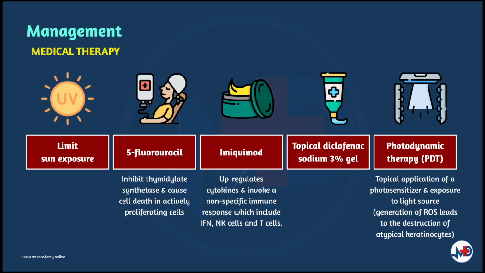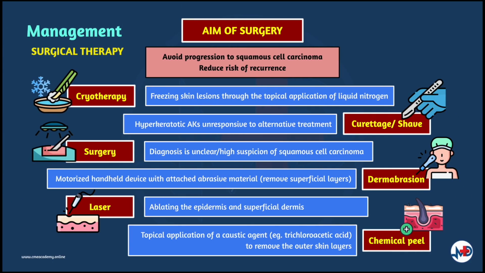Surgical therapy is aimed to avoid progression of AK to squamous cell carcinoma and to reduce risk of recurrence. Modalities include cryotherapy that freezes the skin lesions through topical application of liquid nitrogen and curettage, or shave, to remove hyperkeratotic AKs if unresponsive to alternative treatment.